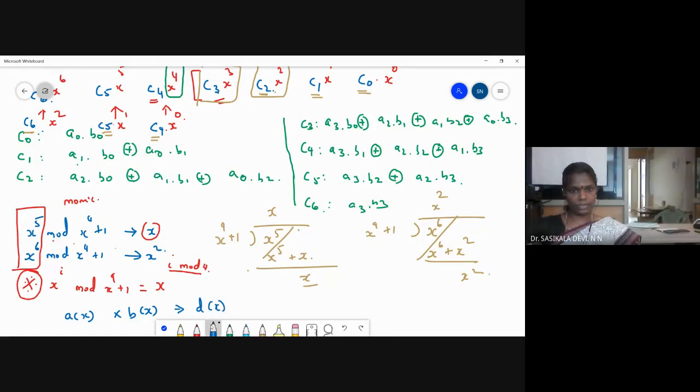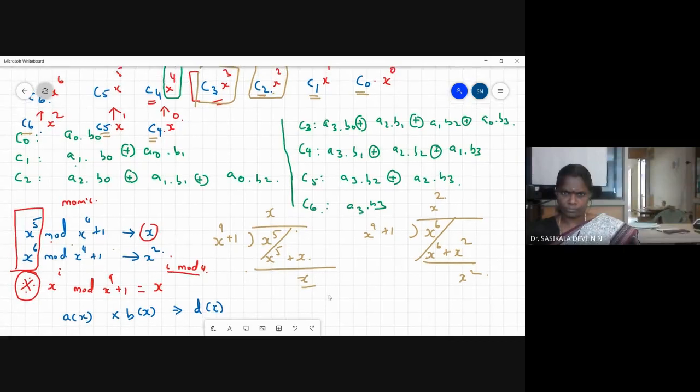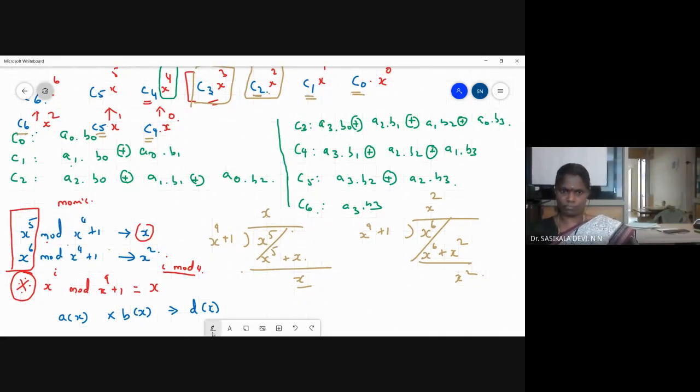Okay, how can I represent D of x? D of x based on only 4 terms.